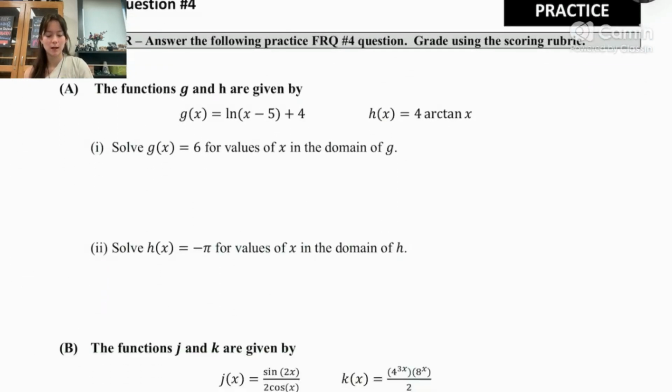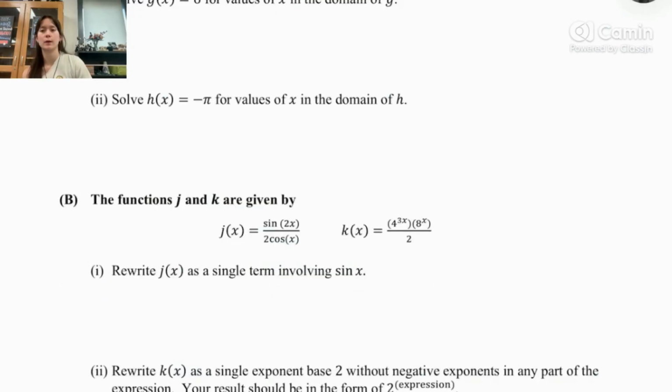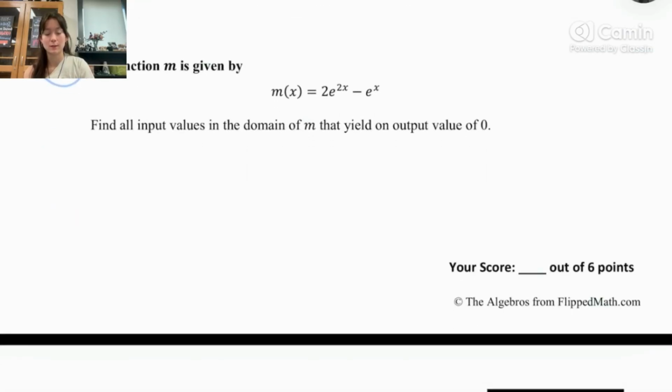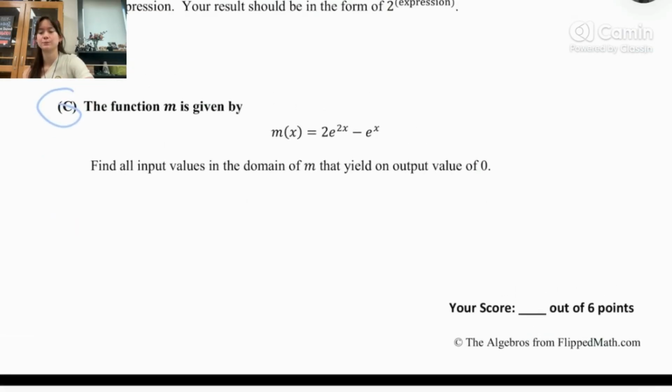And then for this one, I feel that the hardest part is C because there's so many steps that go into it. So we're just going to be doing C again for this part. So we're going to do the same process as before, and when it is an output value of 0, you plug that into m of x.